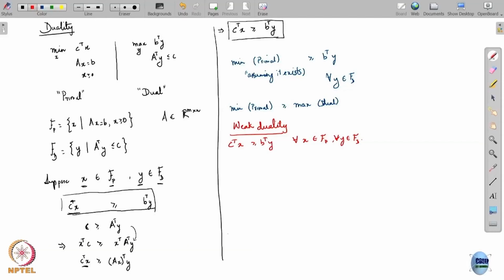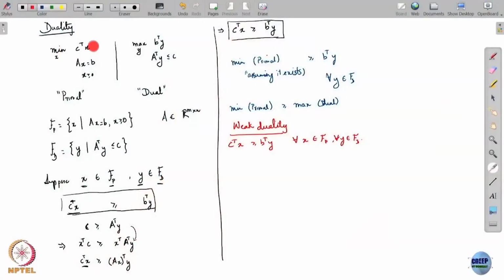Remember the thing that I mentioned at the start: you might be first tempted to think that this is some sort of simple operation. When you are minimizing C transpose x, it is like trying to come to the bottom of a function, and maximizing B transpose y, you are trying to get to the maximum of it, as if the same function has been flipped.